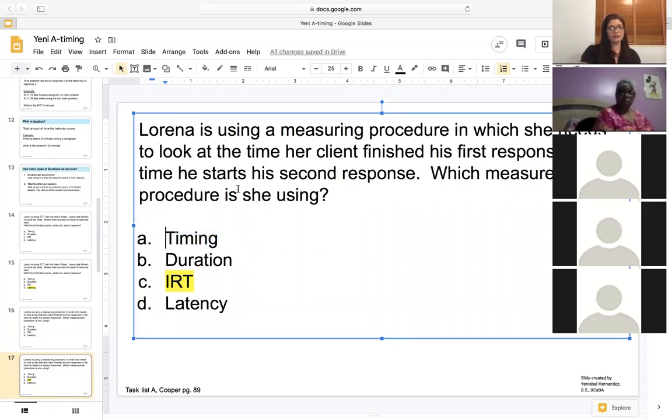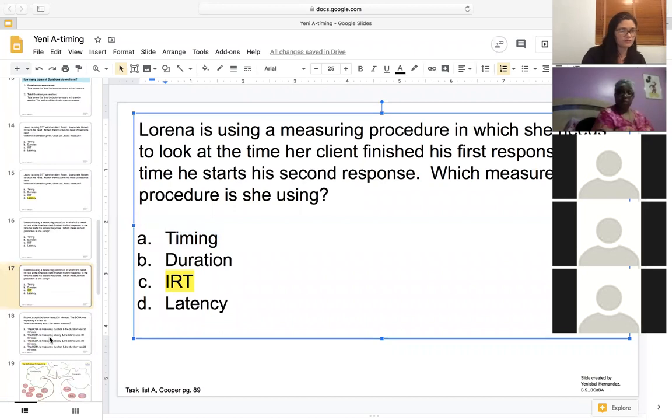IRT and latency come under it. So you are correct. Timing is the umbrella. So if they were asking more in general, then that would be the answer. That's what I wanted to let you know. Wait, guys, somebody has a lot of background noise. I don't know who it is.